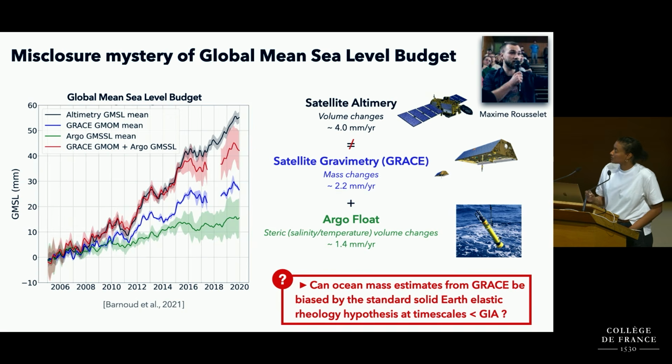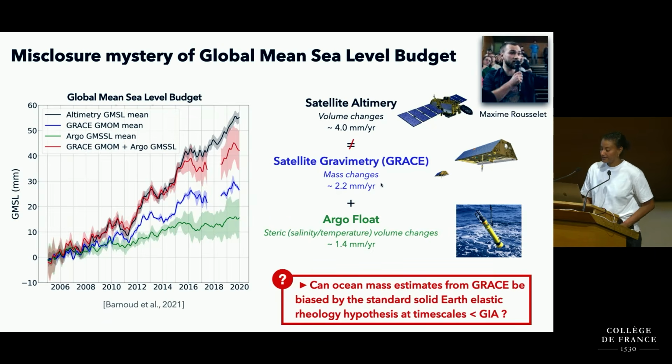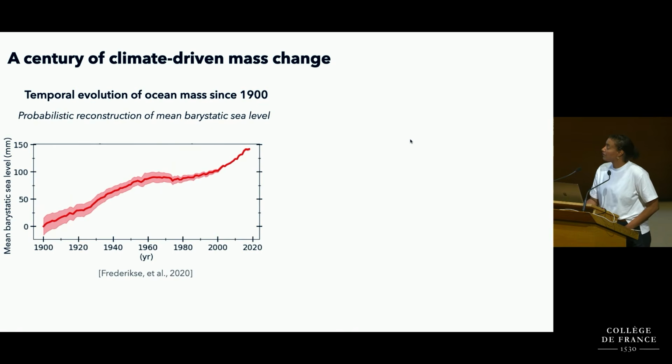But this is also dependent on the solid Earth rheology, and we need to see if the elastic standard assumption that we make when we process the data is still valid at a timescale of 100 years of ocean mass loading. And we know this from the temporal evolution of ocean mass that is reconstructed from various observations, tide gauges, but also satellite observations in the modern era.